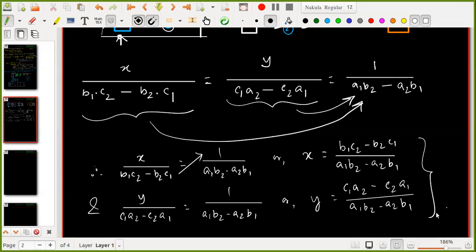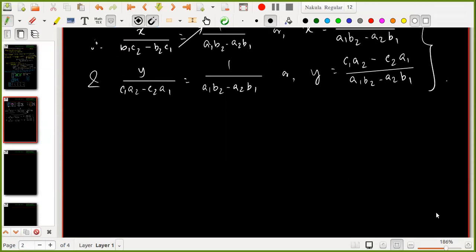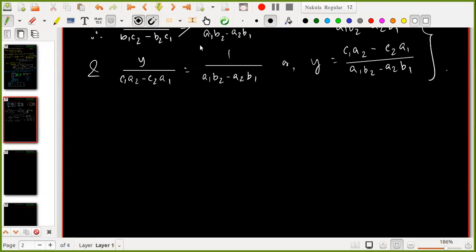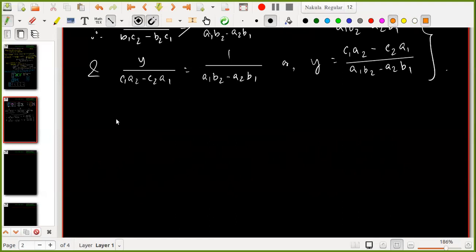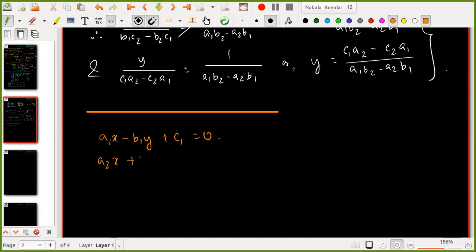Now this is the general structure, the general form. Now say for example, we must know one very important point over here: if by chance the equation is of the form a1x minus b1y plus c1 equals 0, and the second equation is like a2x plus b2y minus c2 equals 0, something like that, then we have to consider the signs accordingly.